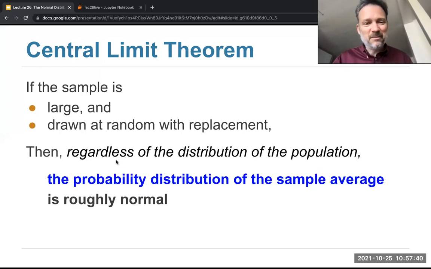It's going to have a bell shape. And you discovered the rule of thumb for what that normal distribution looks like.